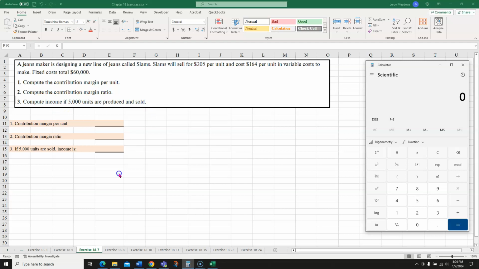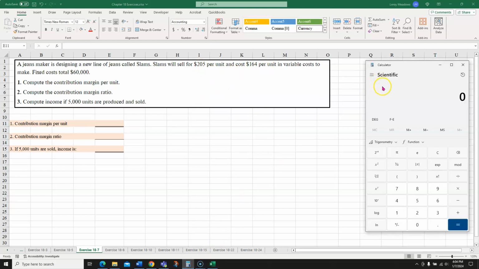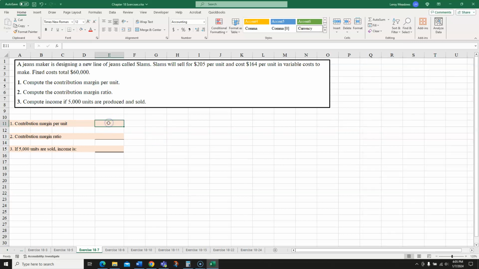Okay, so let's look at contribution margin per unit first. Contribution margin per unit is simply the sales price per unit minus the variable cost per unit. So when I take my sales price per unit, 205, and subtract out my $164 in variable cost per unit, my contribution margin per unit is $41.